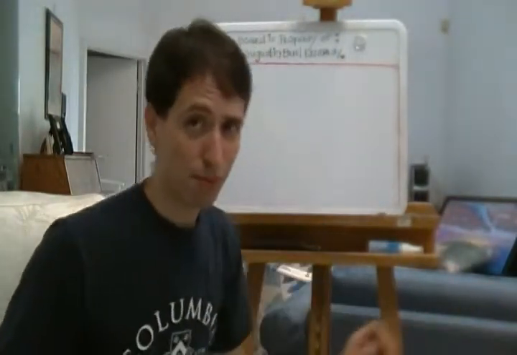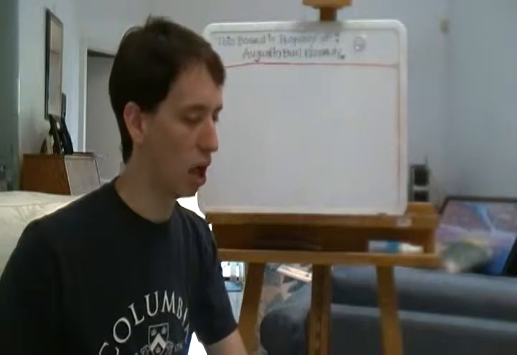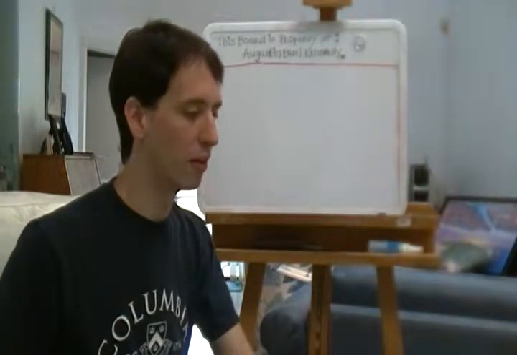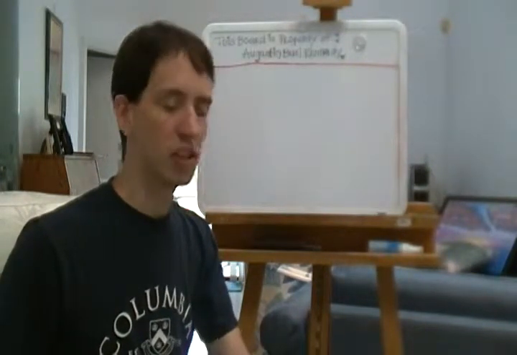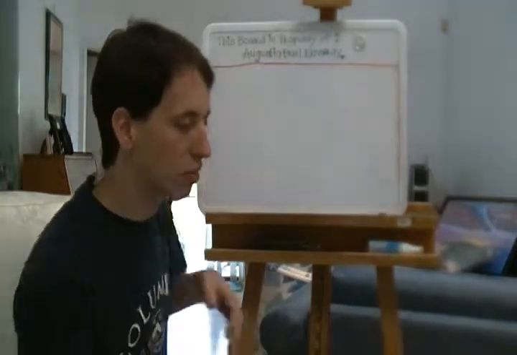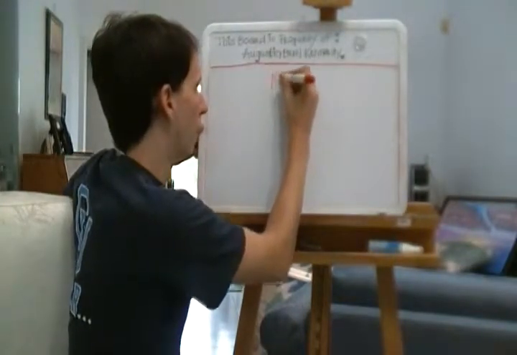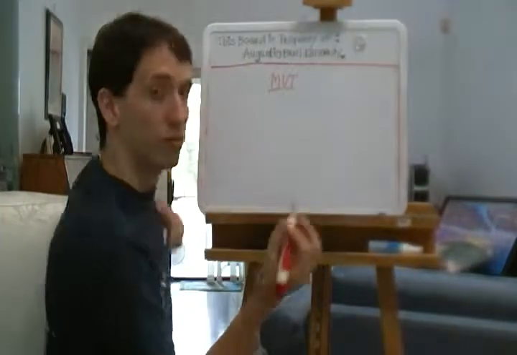Once again, I'm not going to prove this. The book does a job of proving it. But it's pretty easy to see how this works and why this makes sense. So, we have the MVT, mean value theorem, for integrals.